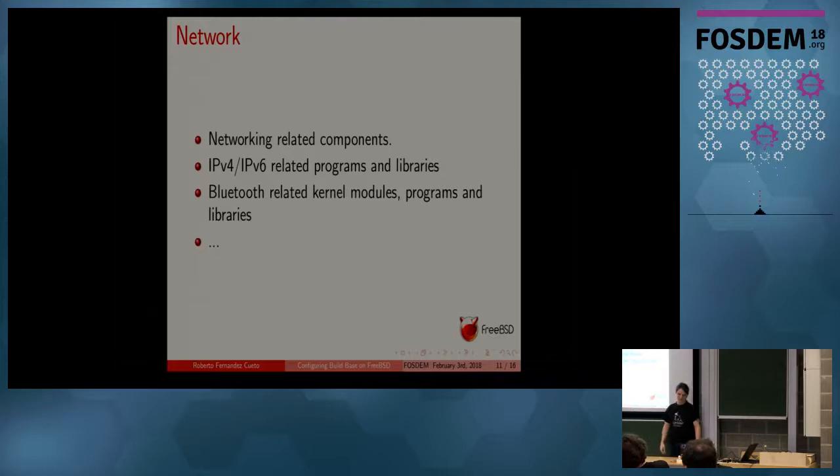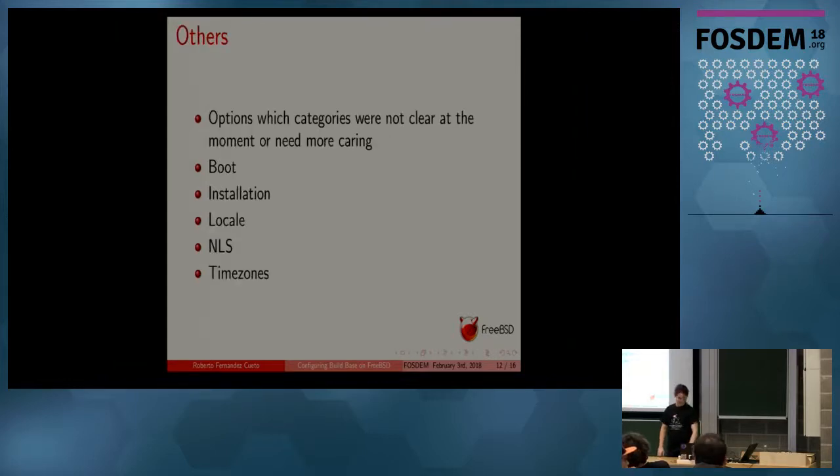Bluetooth related kernel modules, programs, libraries, and a bunch more networking stuff that I will show you afterwards, how each category looks like, because we are very generous with time.